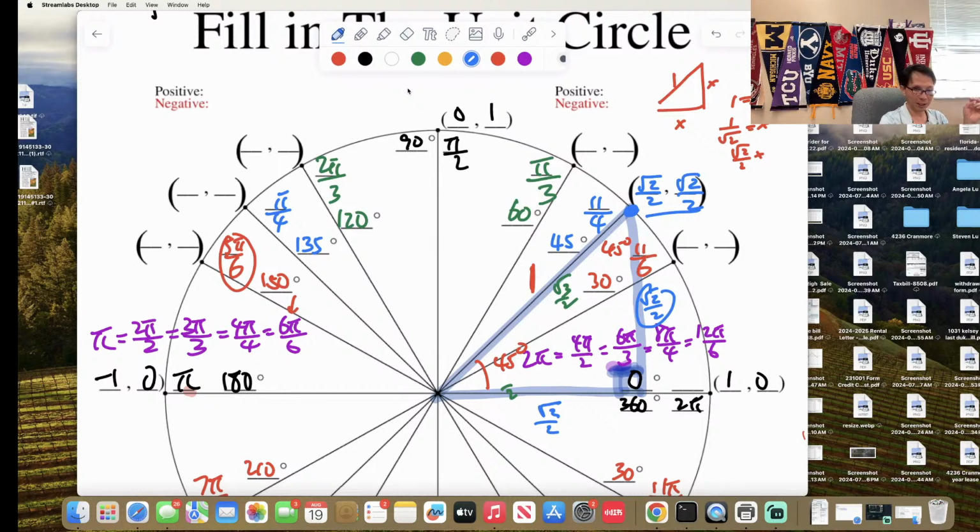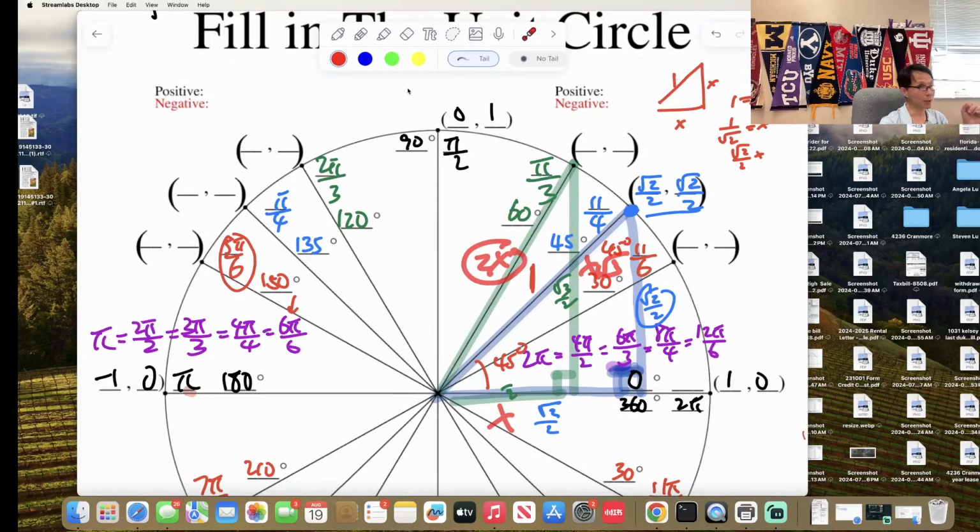Okay. Let's go with another triangle. This triangle here, we're going to call this the tall triangle. And this is also 30, 60, 90, but standing up tall. So we know that this side is going to be 2x, this side is going to be x, and this one's x root 3.